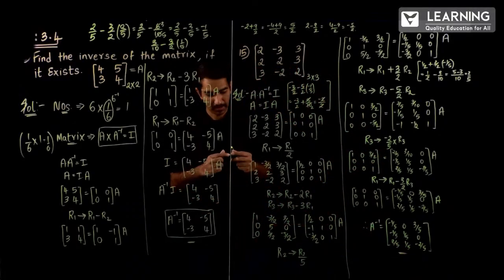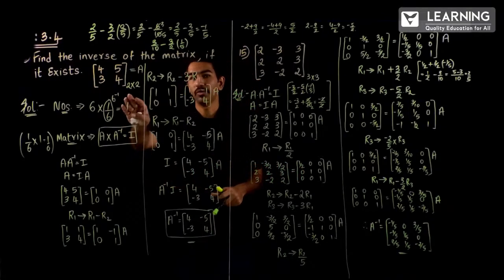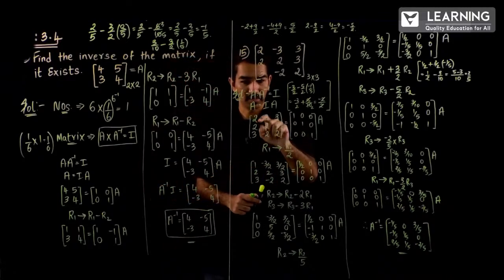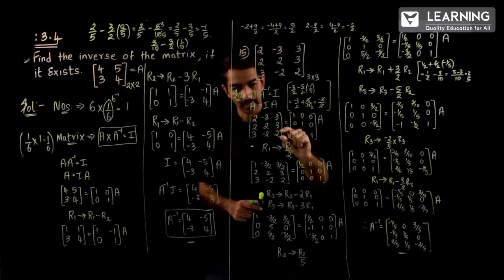Okay, so I'll just summarize this whole thing once. Either 2 cross 2 or 3 cross 3, what you have to do is first make this element as 1. Once you make this as 1, with respect to this, make them both 0. Next, make this as 1, with respect to this, make them both 0. Next, make this as 1, with respect to this, make them both 0.